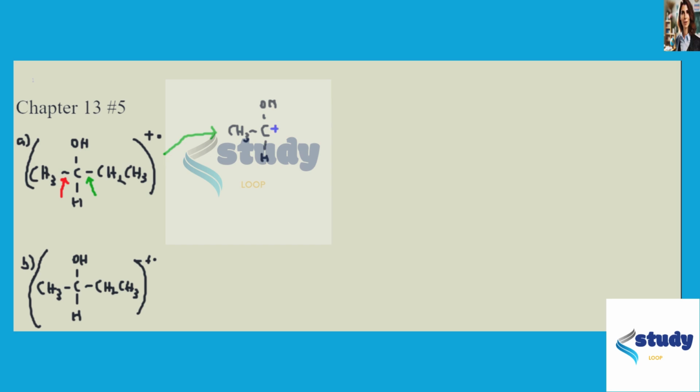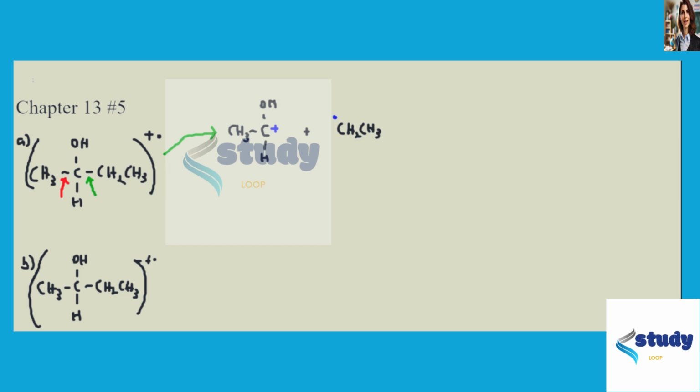Our other product is going to be the part bearing the radical, and so that's going to be CH2CH3, and the carbon here will be bearing a radical on it.